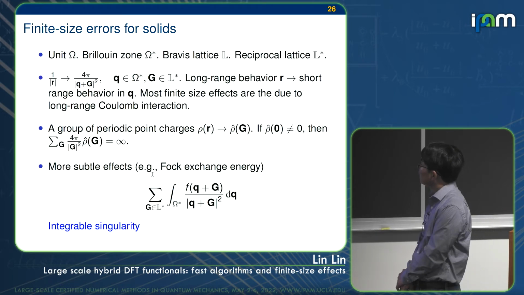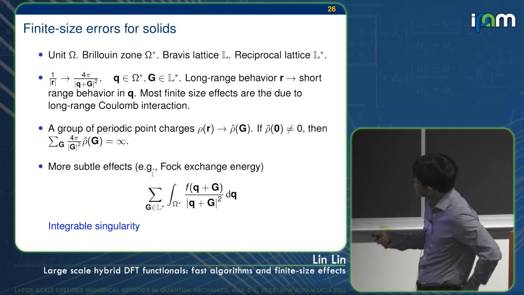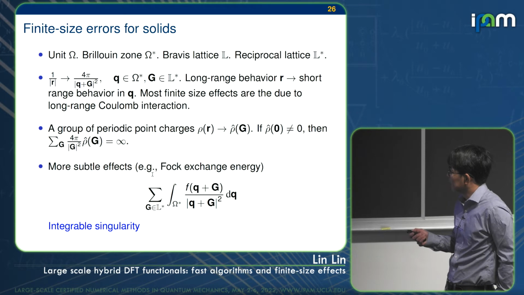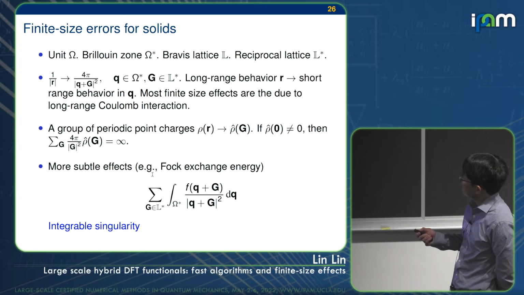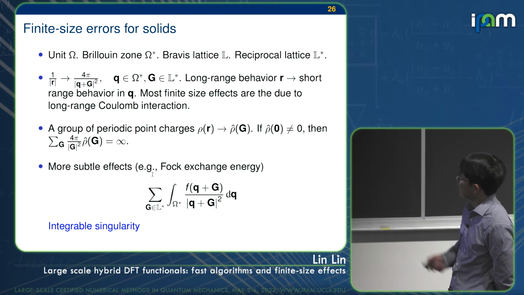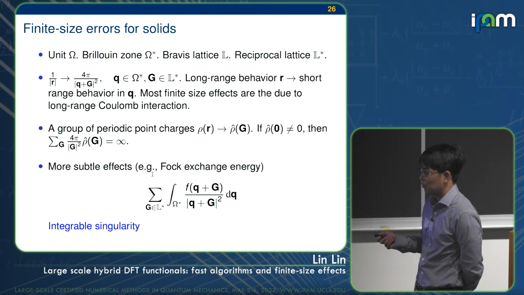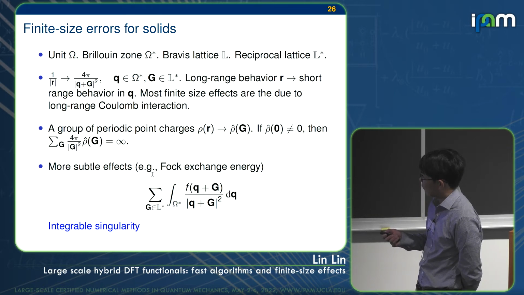So let's consider the setup. You have a unit cell Omega, and the corresponding Brillouin zone is called Omega star, the Bravais lattice is called L, and the reciprocal lattice is called L star. The Coulomb interaction, which is the source of all problems, 1 over r, in reciprocal space looks like 4 pi over |q plus G| squared. For those of you not familiar with the literature, this is just a single index, but you separate it into two.